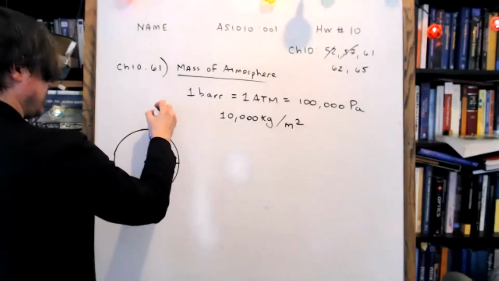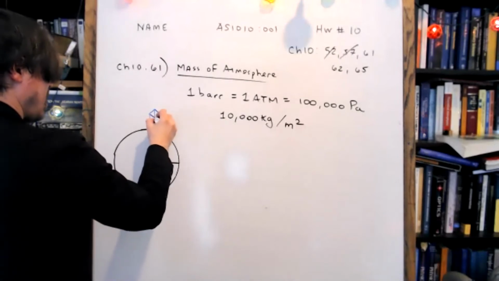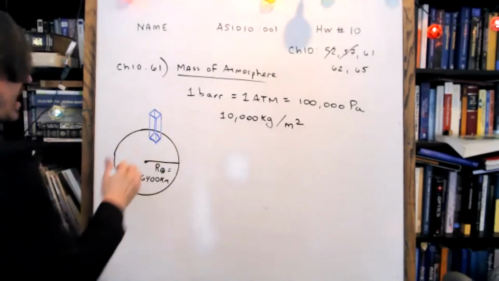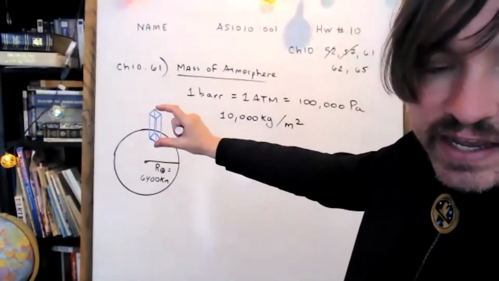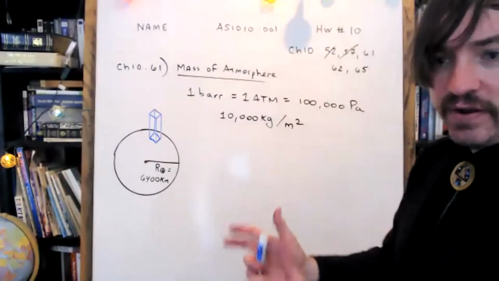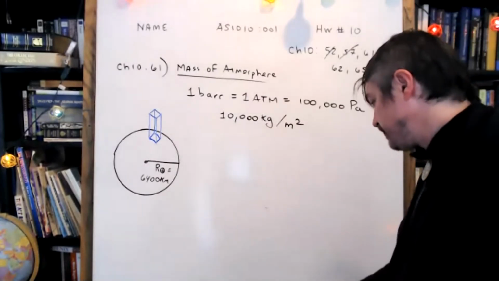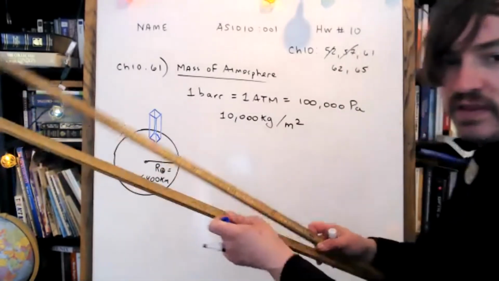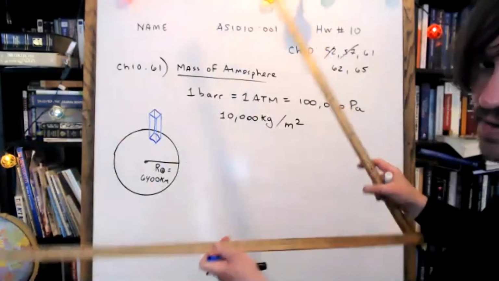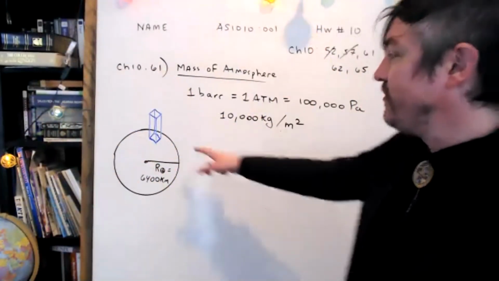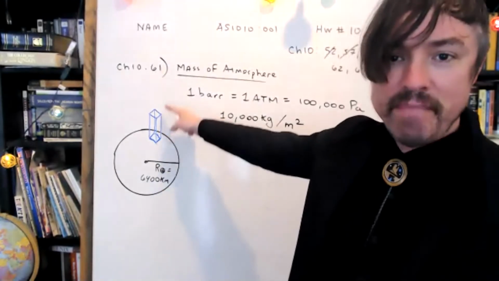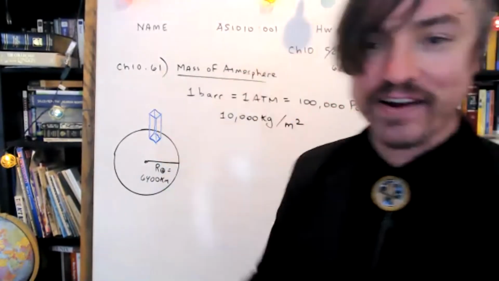Sorry, I got to get my perspective right. I want you to imagine a vertical column of gas sitting above your head with an area of 1 square meter. So I take this 1 square meter, I put it on the ground, and I extend it up into outer space. And basically what they're doing is they're telling you the mass of that entire column of atmosphere.